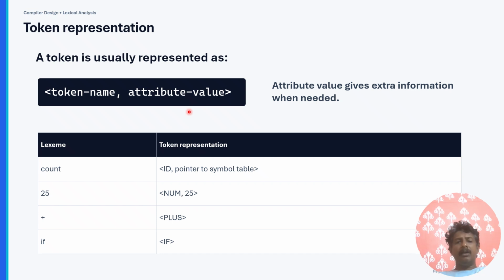For example, count is an identifier, but the compiler also needs to know which identifier it is. So attributes may point to a symbol table entry. For a number like 25, the attribute value can be 25, but for plus, no extra value is needed, so it can be simply represented as plus.